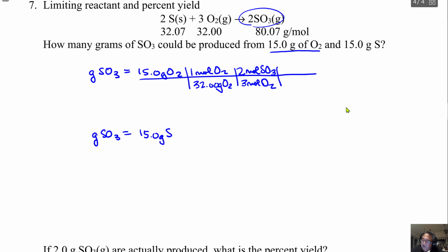If you're looking at what's going on with units, the grams are canceling, the moles are canceling. So I have moles of SO3 up here, right? So I'm going to want moles of SO3 on the bottom. And so that's going to be 1 mole of SO3 for every 80.07 grams of SO3. Like that. And so I can do my calculation.